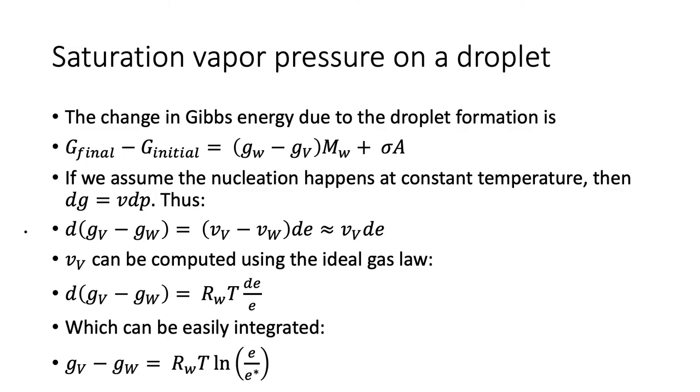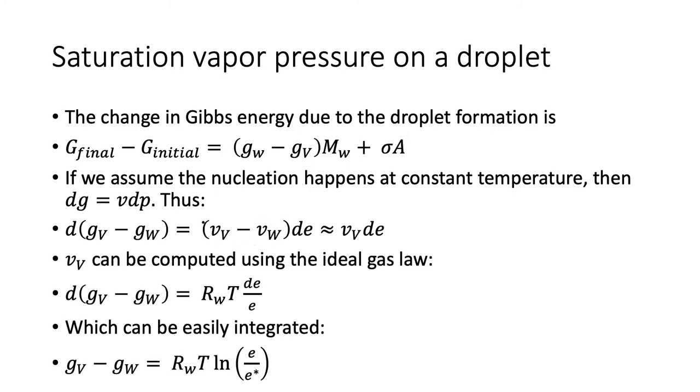So you take the differential of all this stuff. And this differential is simply given by, you take the differential of GV minus GW, and because of this, pressure is obviously the same. This is going to be V of the vapor, specific volume of the vapor minus specific volume of the liquid water times dE. Remember, the specific volume is the inverse of density.